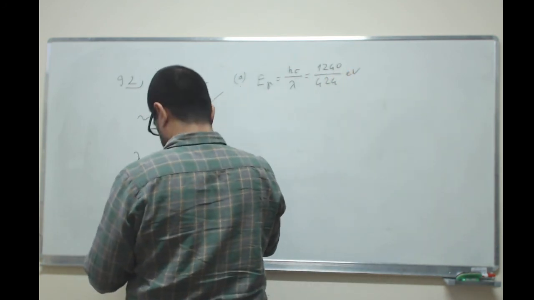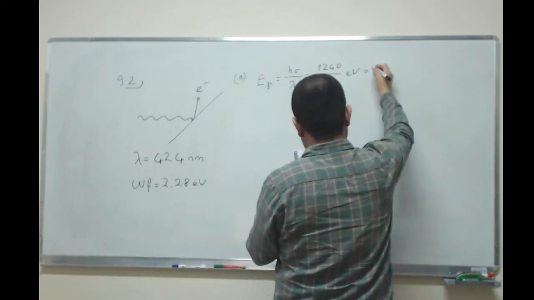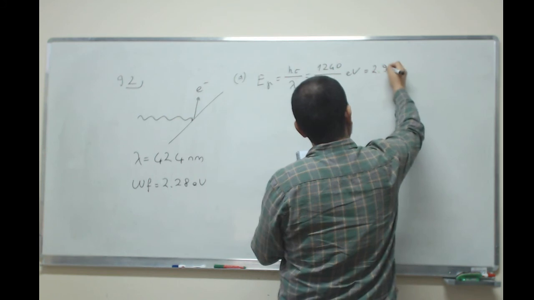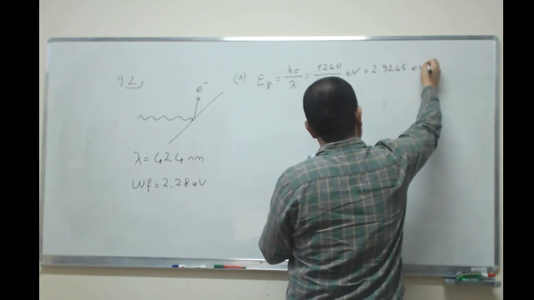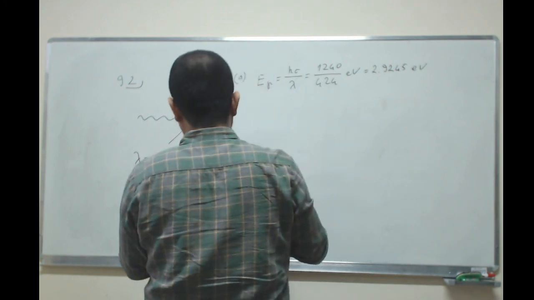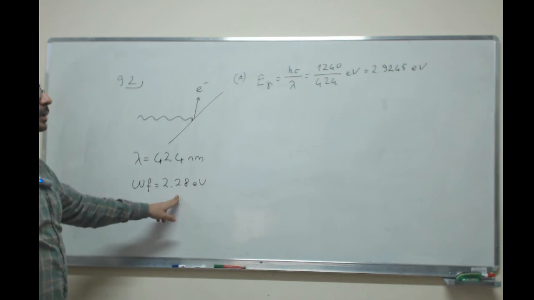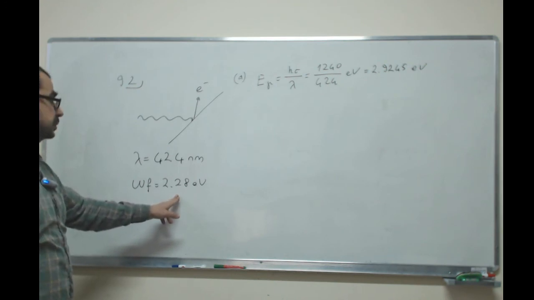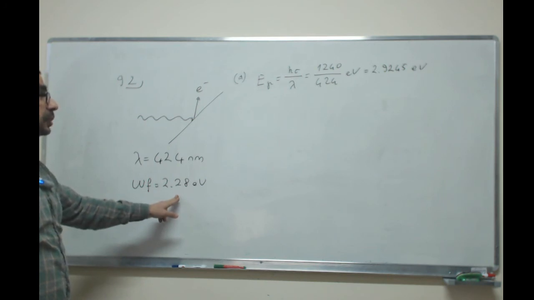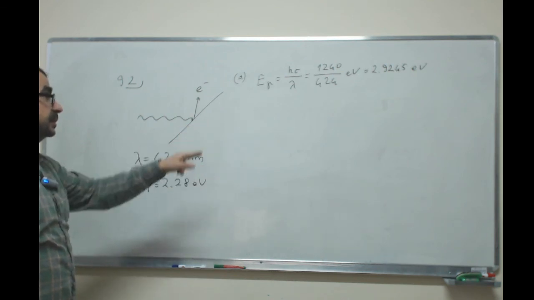Yeah, this comes to 2.9245 electron volts, and so this is above the work function, right? So the electrons will be able to leave the surface. This is enough for them to move from the surface, and they're going to start their journey with the difference between these two numbers, right?